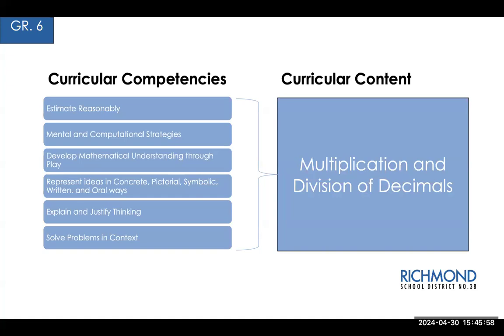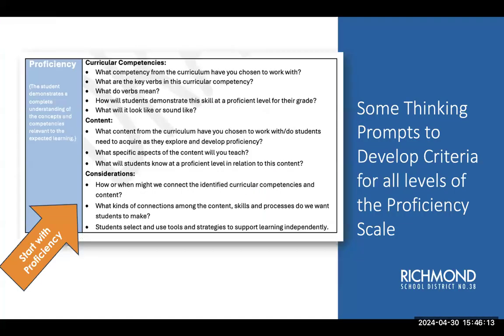So we want to think about what kind of tool is going to be most effective for you in terms of being able to assess students' knowledge and skills. So sometimes when we start to think about what proficiency looks like, we want to build some indicators or criteria.